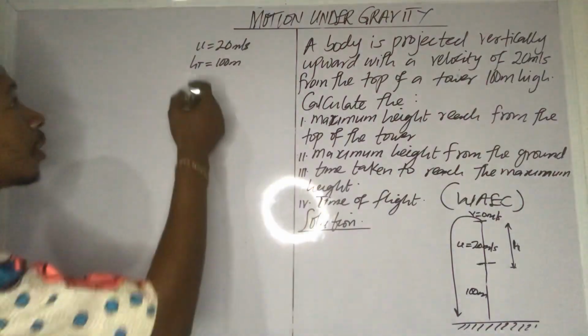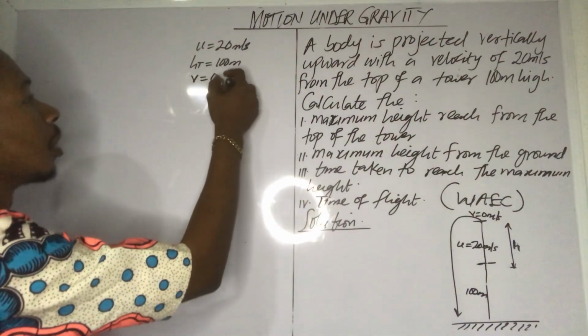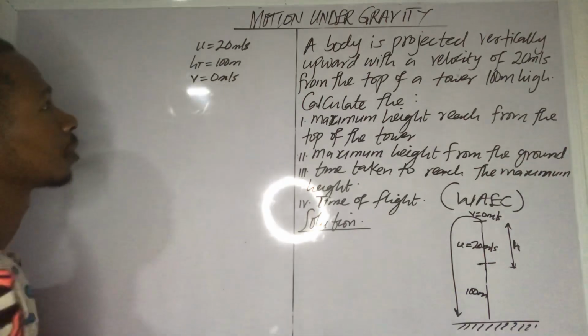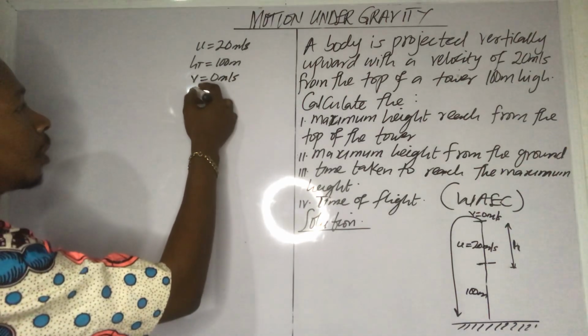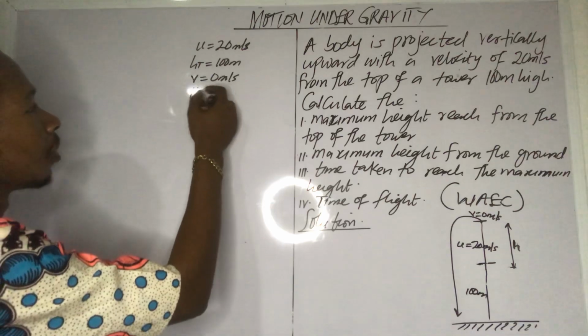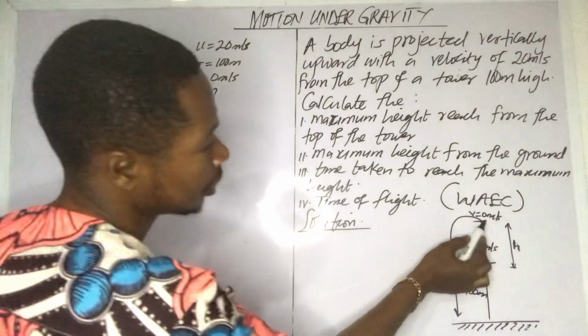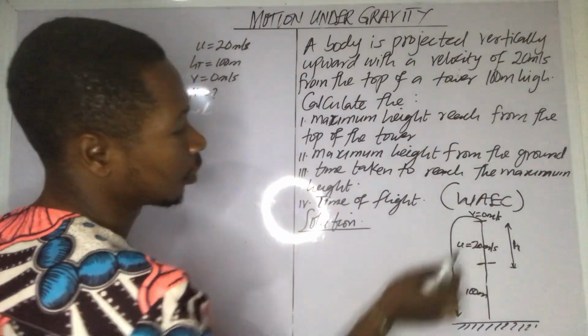That means in that case, v is 0 meters per second. Then we are looking for h, the height from the point of projection.